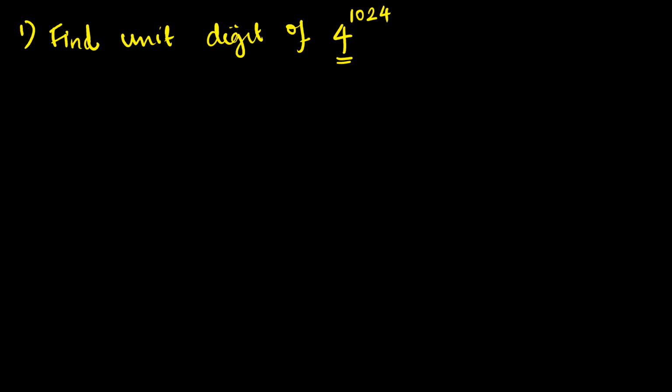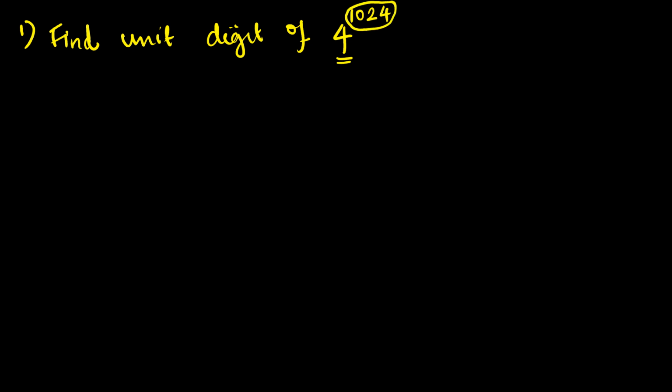Example: find the unit digit of 4 raised to 1024. So here the number is 4. See the power, this is n. Is this power odd or even?